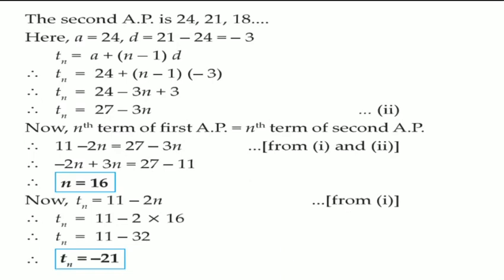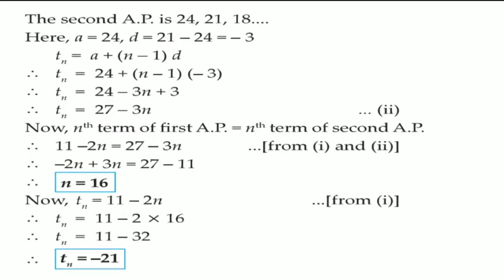So Tn is equal to a plus n minus 1 outside the bracket d. Therefore Tn is equal to 24 plus n minus 1 outside the bracket minus 3. So when we open the bracket, we got 24 minus 3n plus 3. And therefore value of Tn is 27 minus 3n. Number these as equation 2.